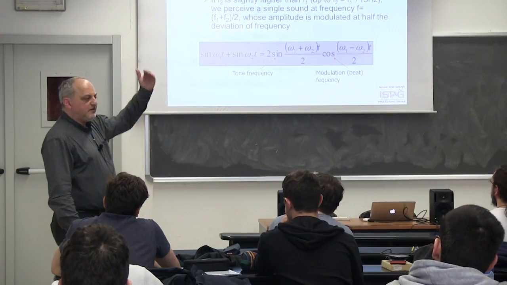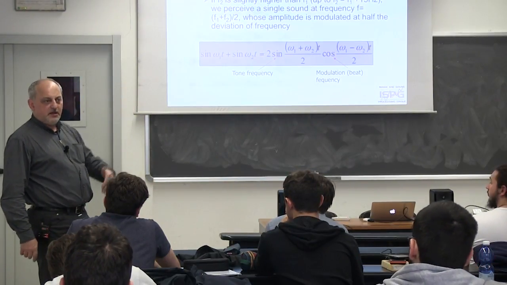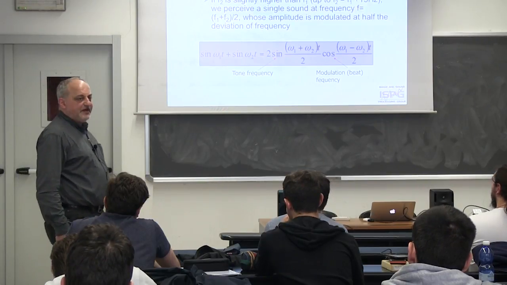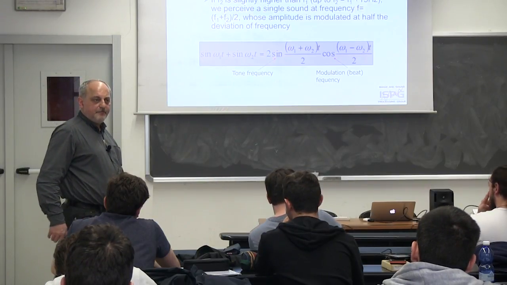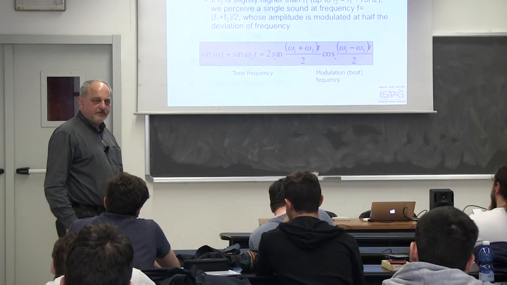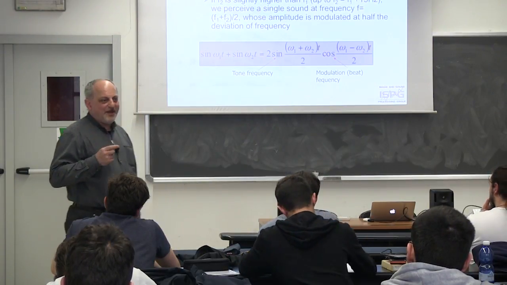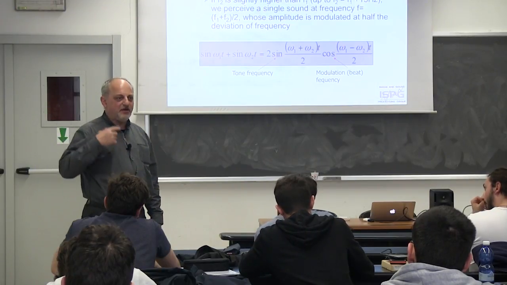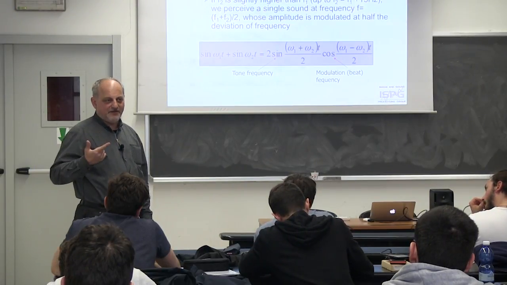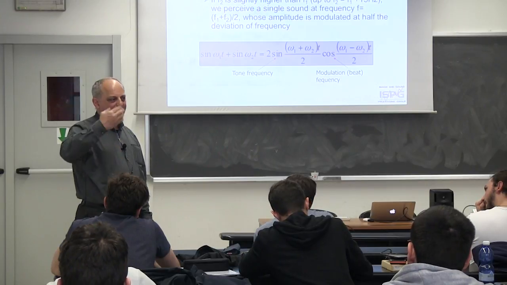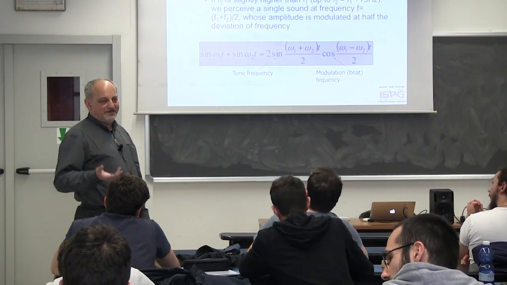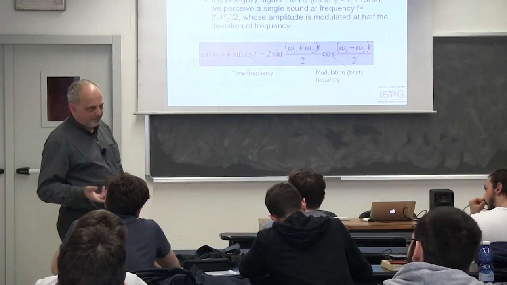So I will hear something that goes up and down in volume at half the difference of the two frequencies. As a matter of fact, I will actually hear it not at 5 but at 10 hertz, because I'm sensitive to the power of that signal. So it will go up and down at twice that frequency, which is 10 hertz.